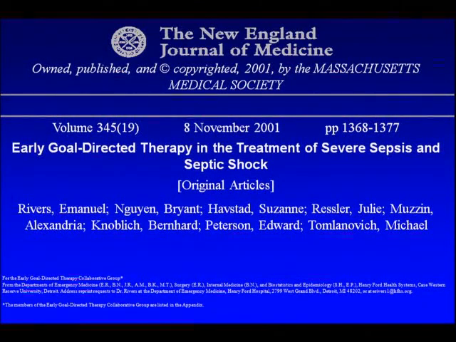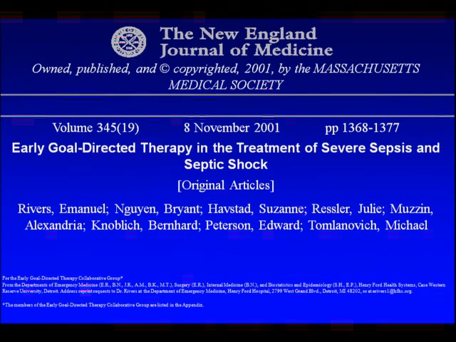Now, this is probably very familiar to you, this study by Manny Rivers, who is both an ED physician as well as an intensivist. Essentially what he did was randomize patients with a diagnosis of sepsis who came to the emergency room, and instead of waiting for hours before they get to the ICU and start resuscitation, he said, why don't we start resuscitation in the emergency room and therefore improve patient outcome?